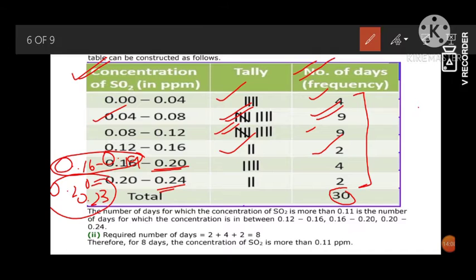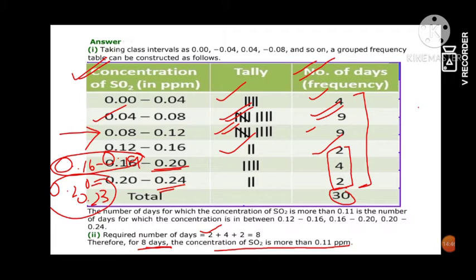So our required number of days will be 2 plus 4 plus 2, because 0.11 finishes in the third class interval, whereas from 0.12 we start to count and finish at 0.24. So the number of days will be 2 plus 4 plus 2, that is 8. Therefore, on 8 days the concentration of SO2 is more than 0.11 parts per million. So this was our question number 5.